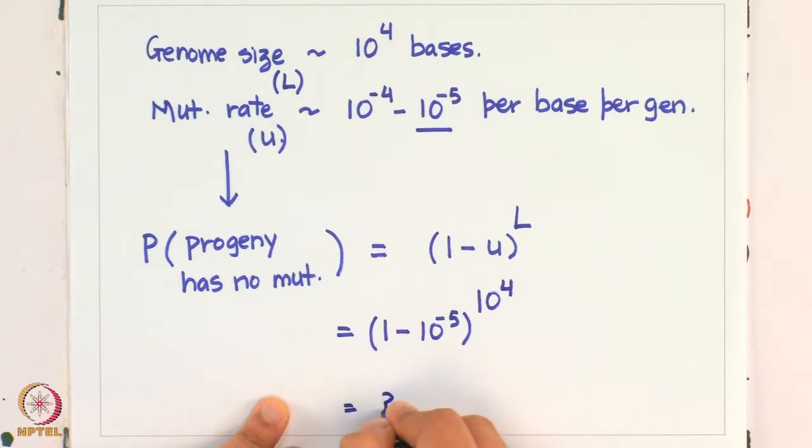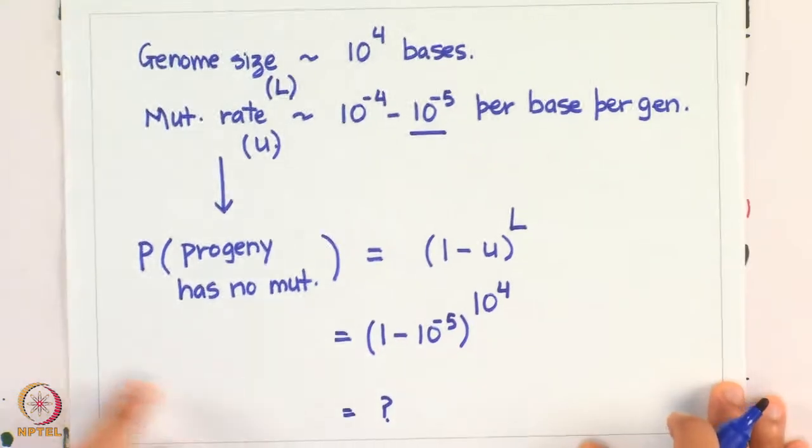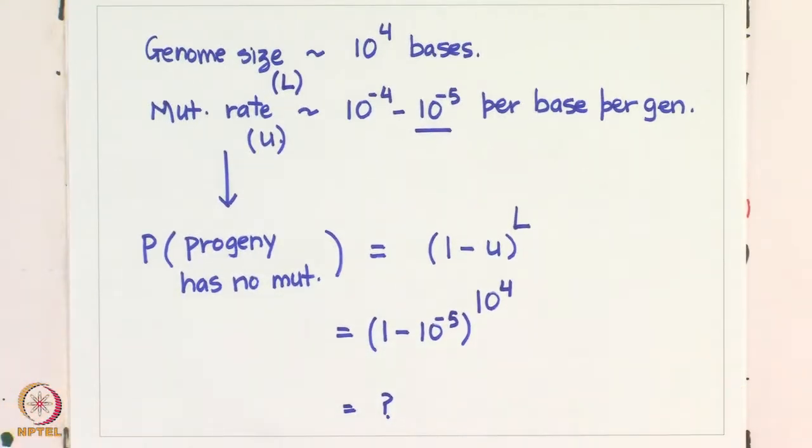I leave this as an exercise for you to compute, which tells you the likelihood that every time HIV generates a progeny inside the host, this progeny is identical in genotype. What you will find when you plug these numbers in is that HIV's mutation rate is very high, so the probability that there is a mutation in the progeny's genotype is very, very high.